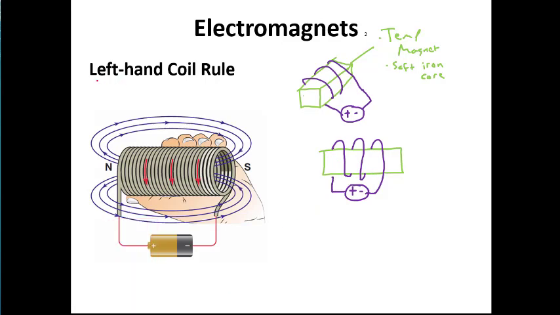And the left-hand rule is what's going to tell us what is a north pole and what is a south pole. When we use the left-hand rule, what we do is we look at the current's flow direction. So current is flowing in this direction. And then you take your hand, and I'm going to try to show this, and I'm not very good at drawing.